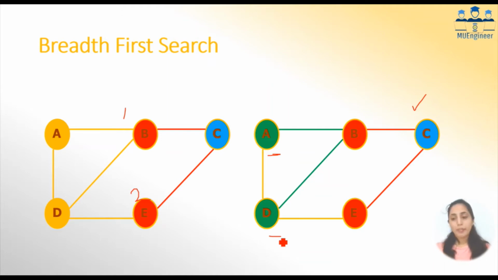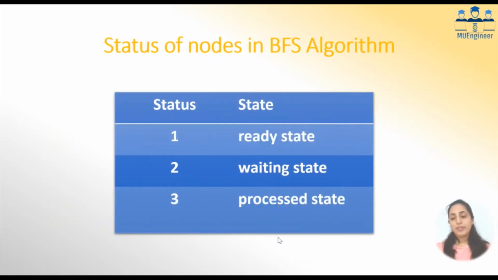This is all about the breadth first search algorithm. Now, in the breadth first search algorithm, whenever I am dealing with the nodes, I give one of three statuses to the node: status 1, status 2 or status 3. Initially, when I am beginning, I keep the status of all the nodes as 1. That means all of them are ready to be visited.